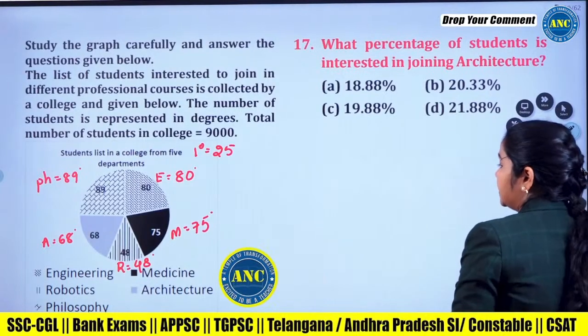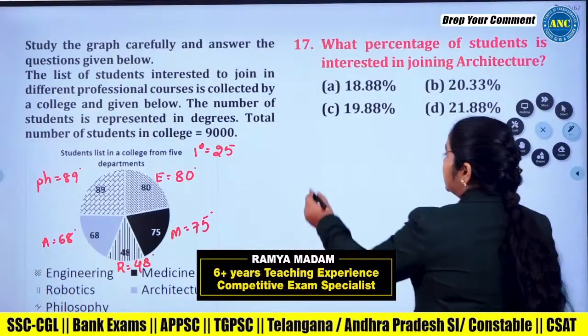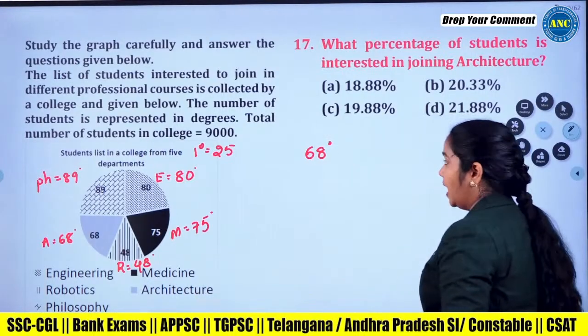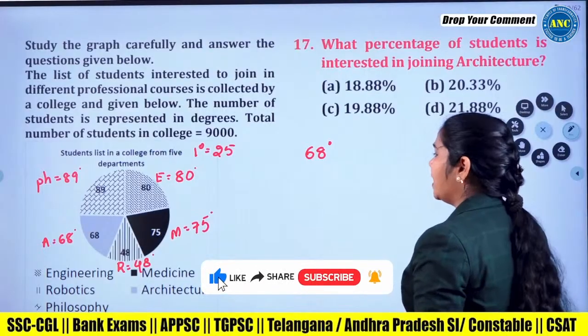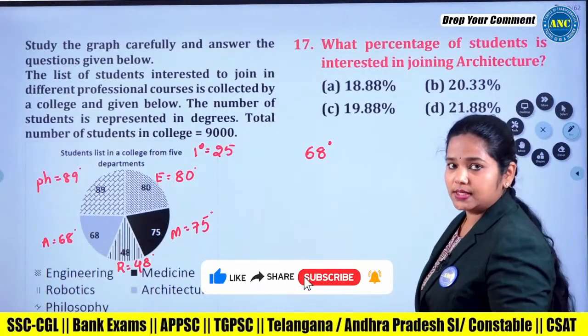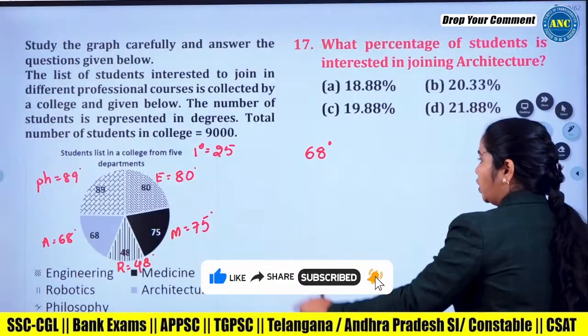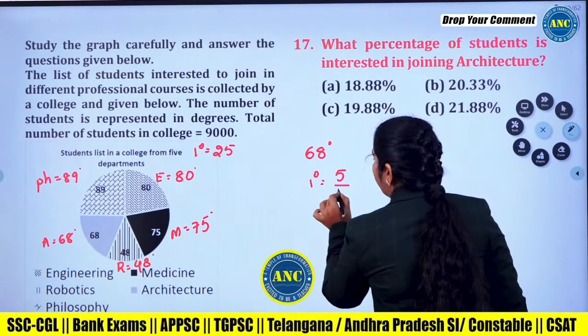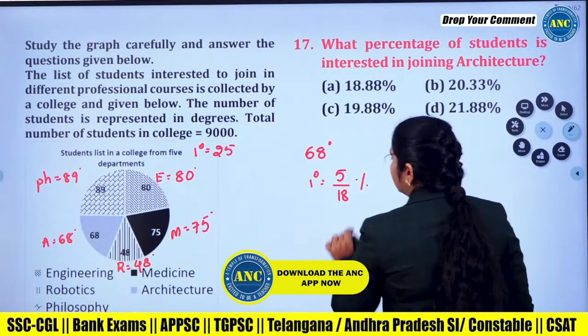See, if you see architecture, 68 degree students are interested in joining architecture. Right? You can convert this into percentages. I already told you, 1 degree is equal to how much percentage? 5 by 18 percentage.